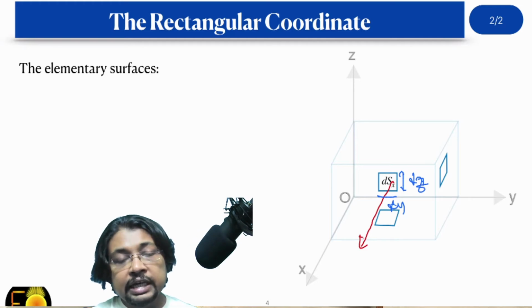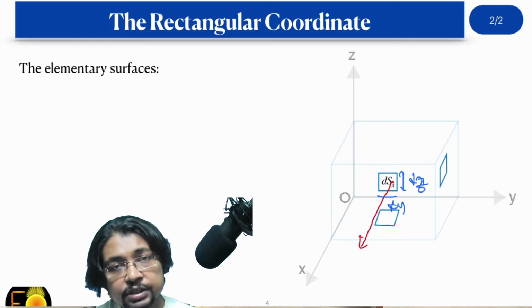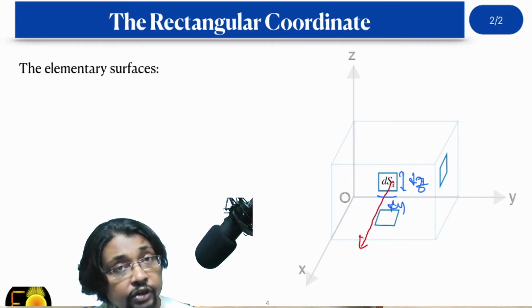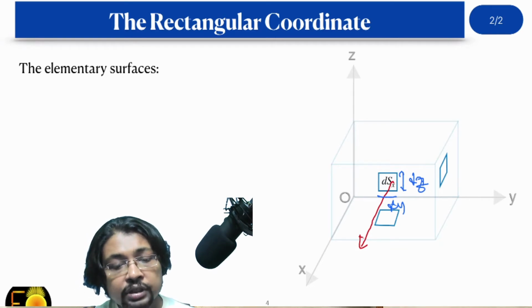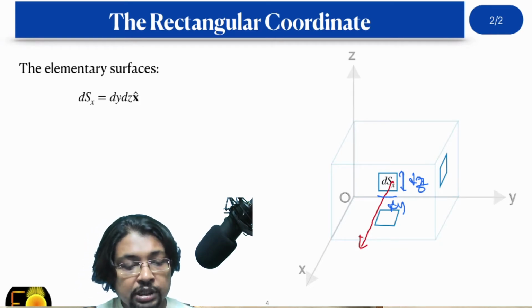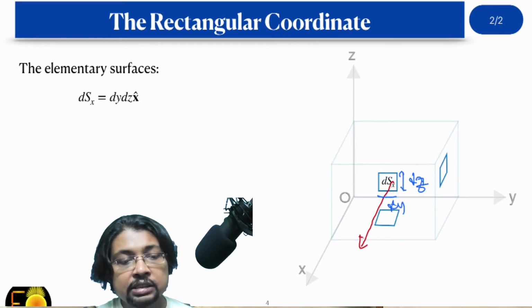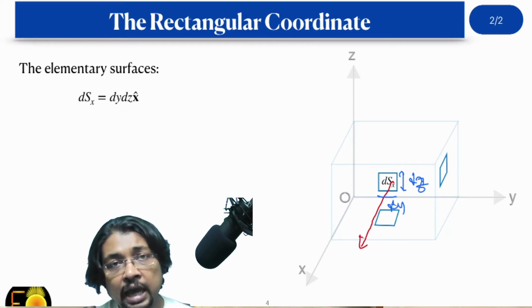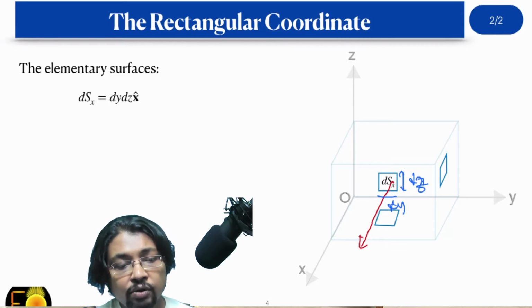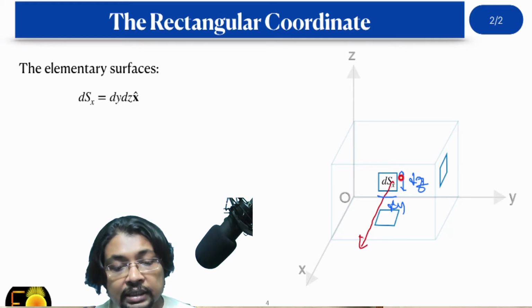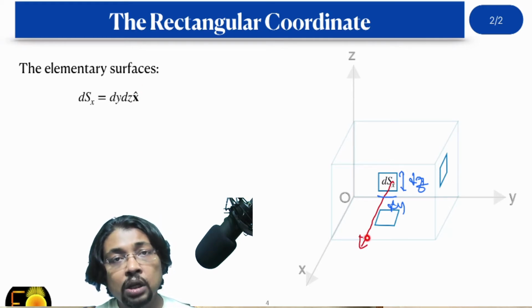Therefore, the elementary surface along the x-axis can be defined as dy times dz with the x cap. dy is the length along the y-axis, dz is the height along the z-axis, and x cap because this surface has the surface normal aligned with the positive x-axis.